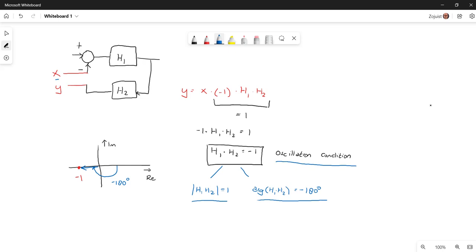So it gets amplified again and again, it blows up, and then your system is unstable. So you're unstable when the phase is equal to minus 180 degrees and the amplitude of all the system blocks in the feedback loop at a certain frequency is higher than 1. Well, that is the oscillation condition, and we have seen when a system becomes unstable.